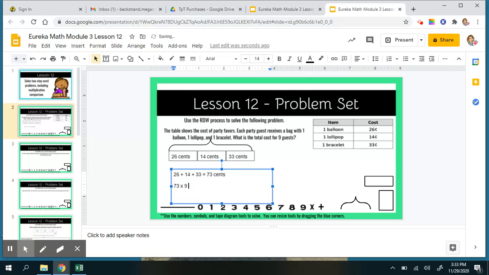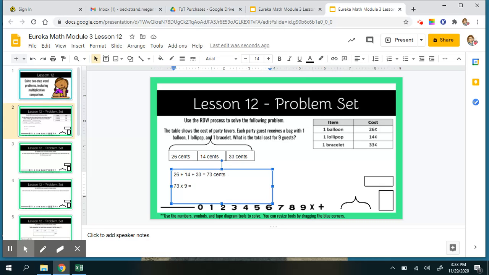That's going to give us our total product, or how much it's going to cost for all 9 bags. Remember, you can do this different ways. You can do partial products, standard algorithm, or area model. Whichever way you prefer when working with these multiplication problems is absolutely fine.